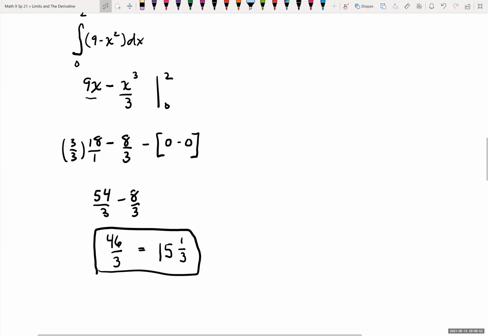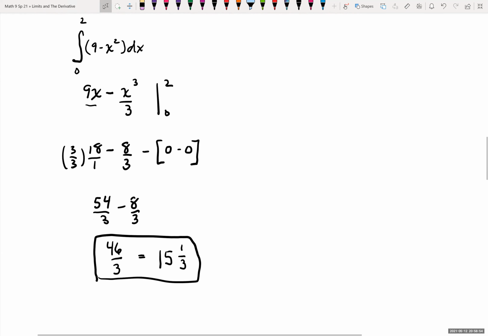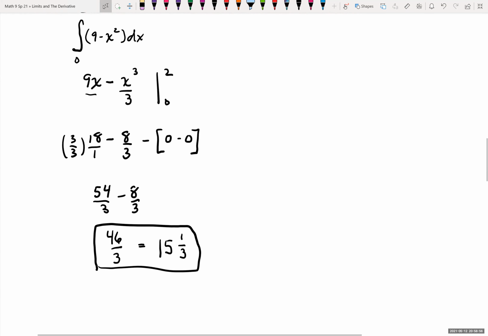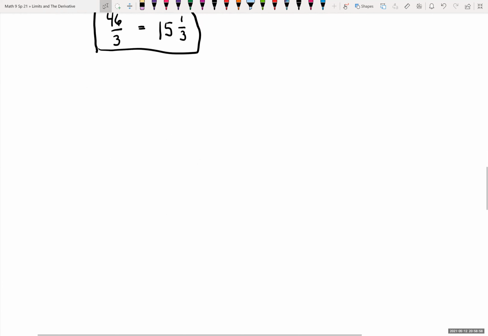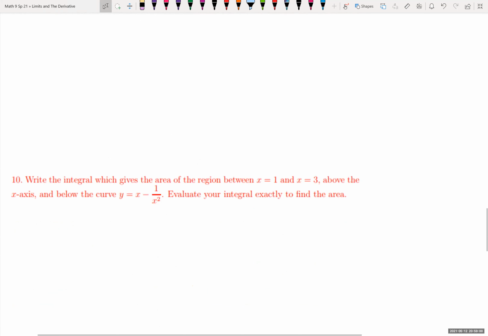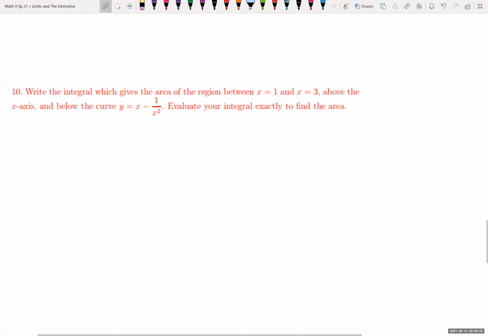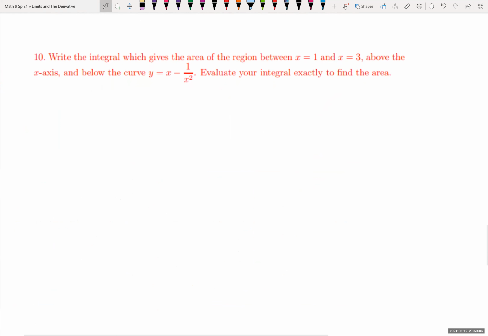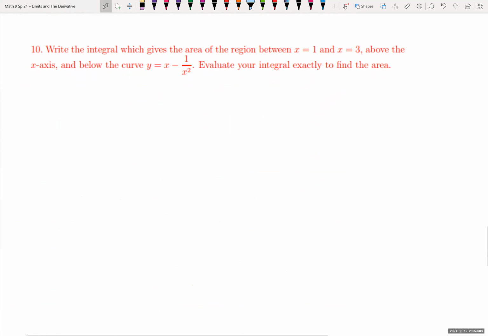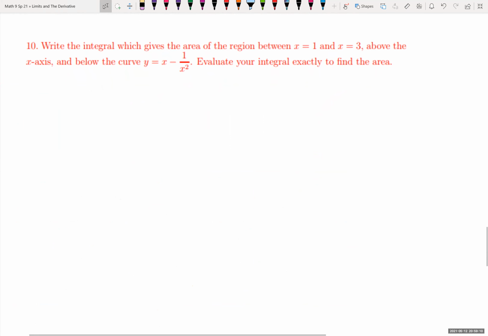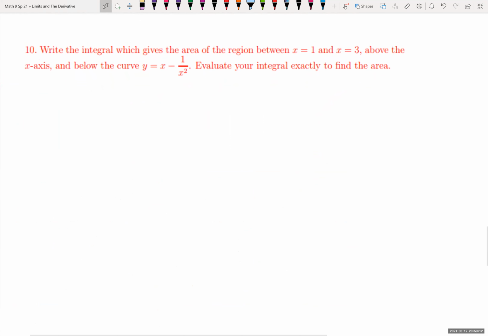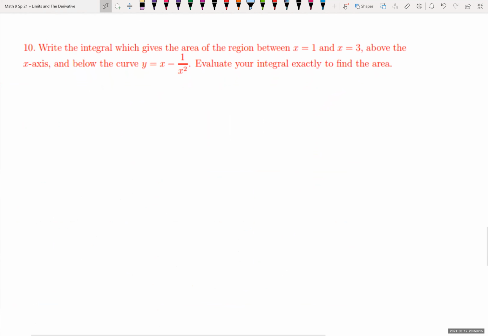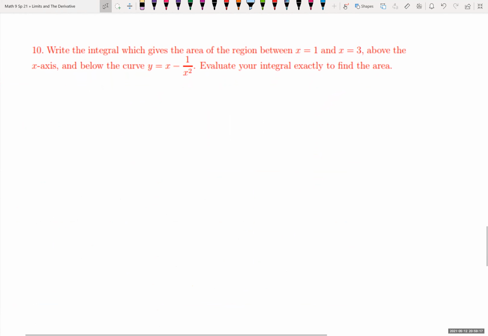Okay, so the next problem I have: write an integral which is the area bounded between 1 and 3, above the x-axis and below the curve y equals x minus 1 over x squared, and evaluate the integral to find the area.